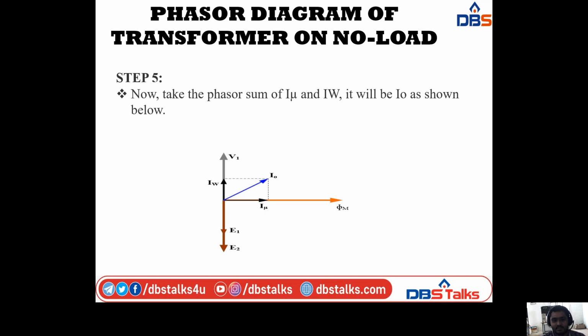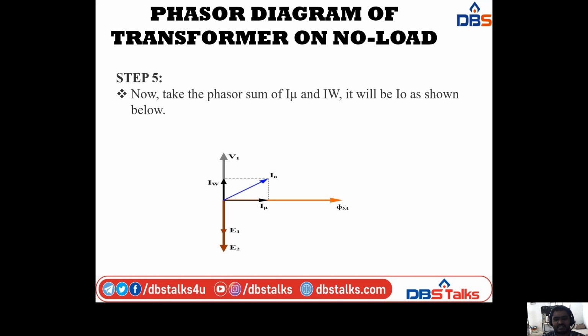This is I naught. The combination of IW and I mu we call the no load primary current. That's why I am taking this blue line, adding these two, so we have I naught.